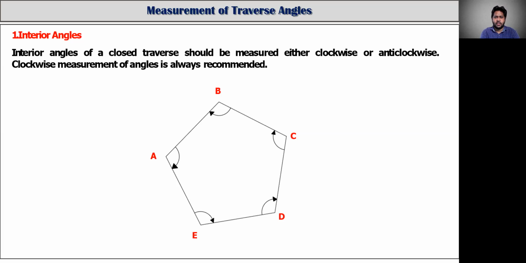If you observe this picture, the angle may be measured in the clockwise direction, or anti-clockwise direction. You can measure either way to find the interior angles of a closed traverse.